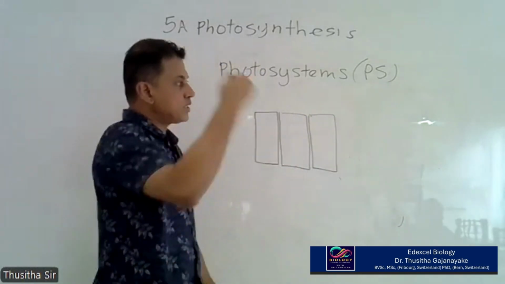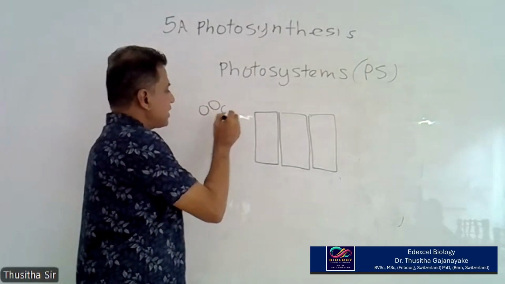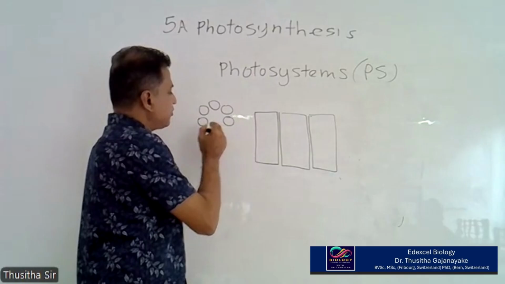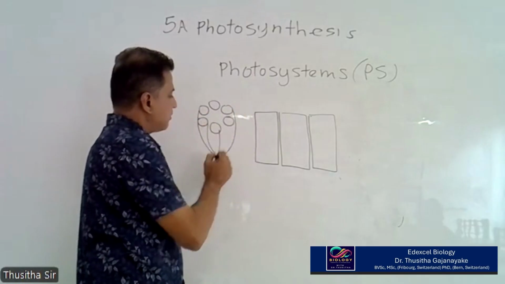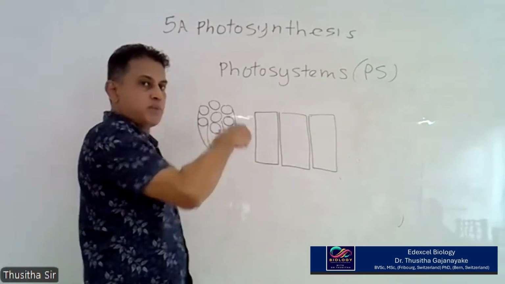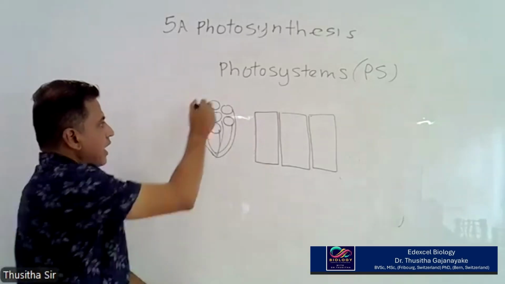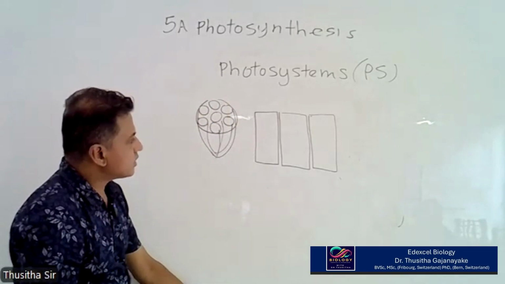It's very difficult to draw a 3D structure, so I hope you can get some idea about these 3D shapes. The photosystems are like this.